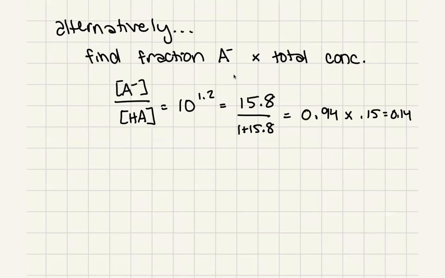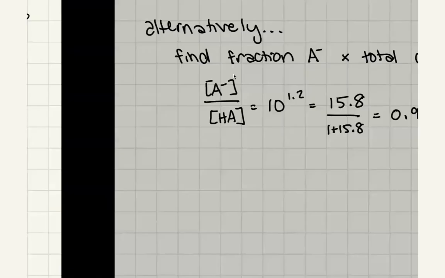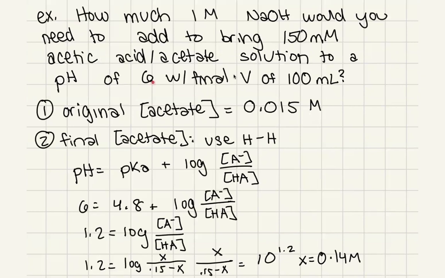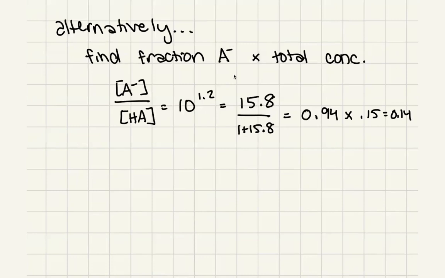Okay. An alternative way that we could have done this, similarly to how before, is to find the fraction of this acetate and then multiply that by the total concentration. So in this case, we have our 10 to the 1.2, which we got from our pH of 6 minus the pKa of 4.8, which gives us 1.2. We take 10 to the 1.2 and we get 15.8.